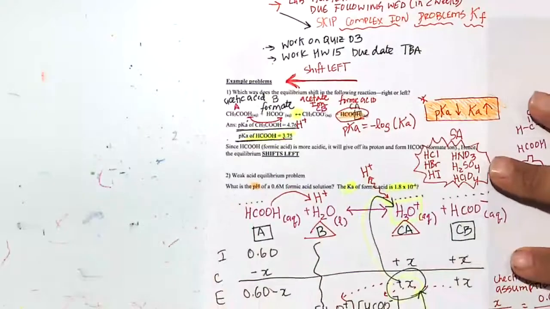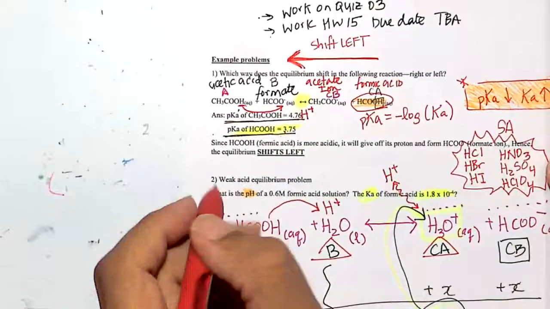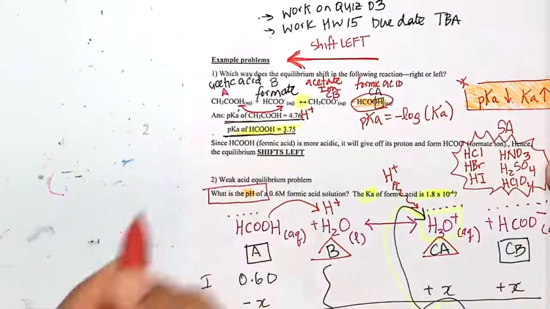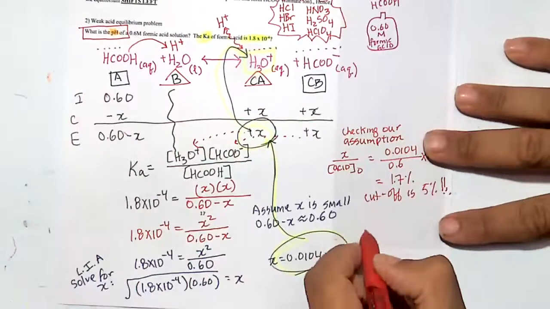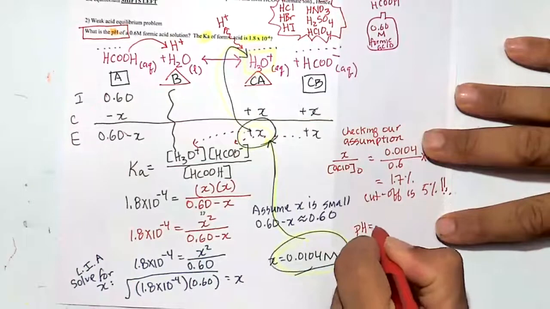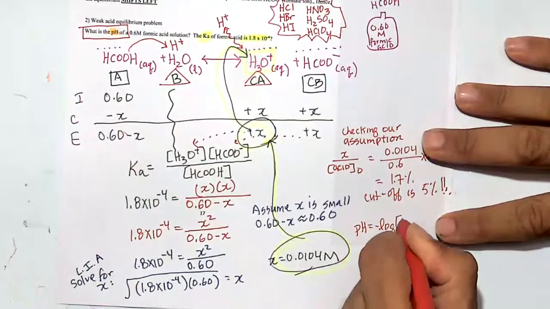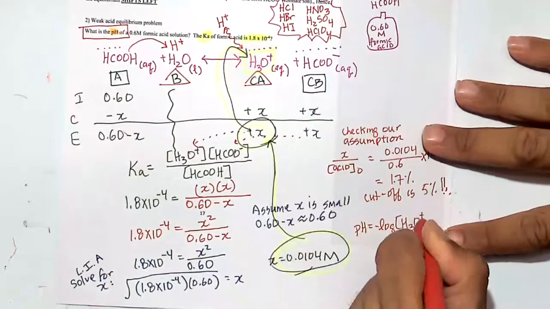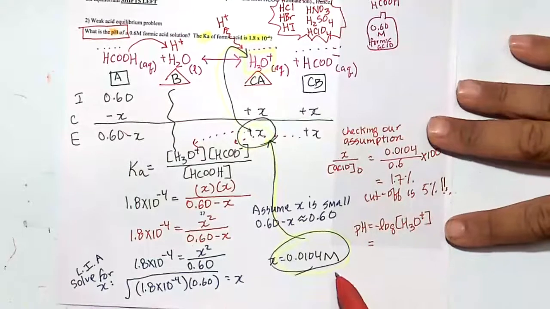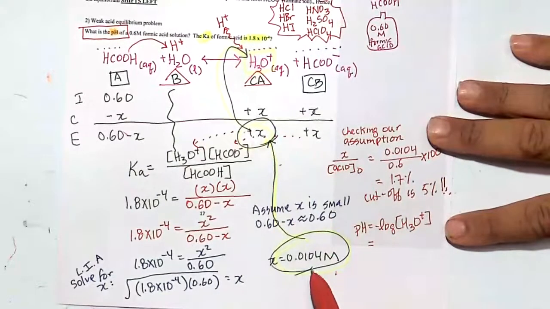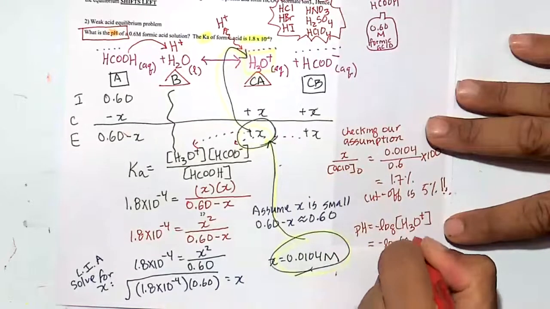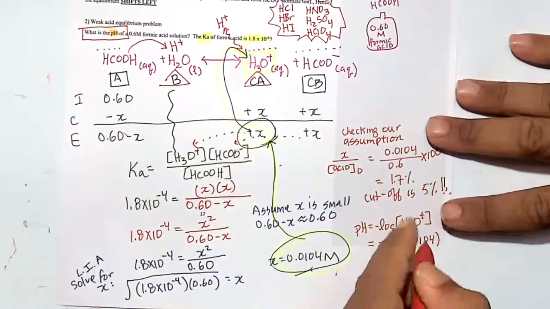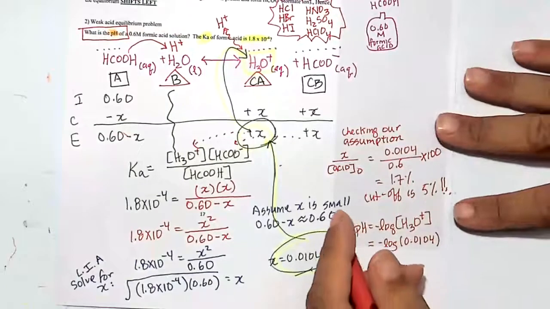The question is, what is the pH? So let us do our pH. pH is minus the log of the hydrogen ion concentration, which is 0.0104. Remember, you're not allowed to put units inside the log.